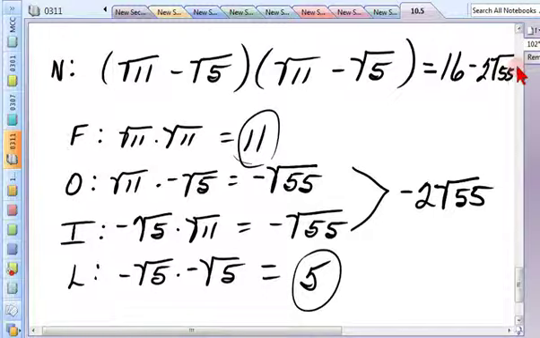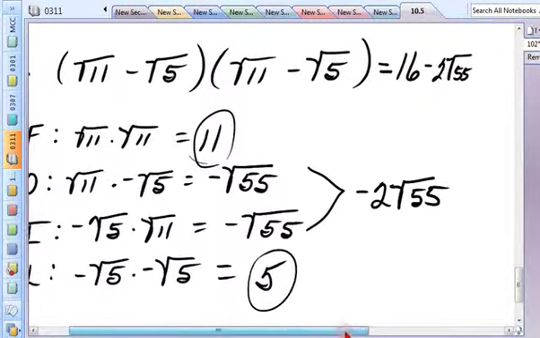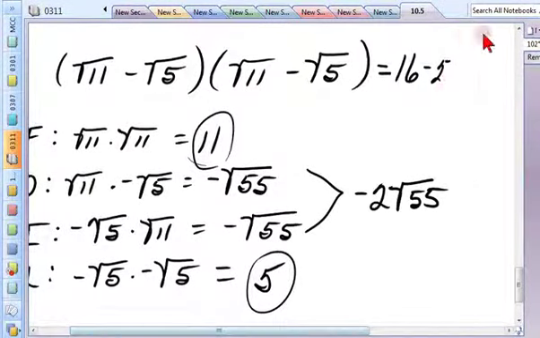And I'm sorry that's very crowded. I ended up with only 2 terms because the outers and inners combined, and the first and the last were rational, so I was able to write it as that.